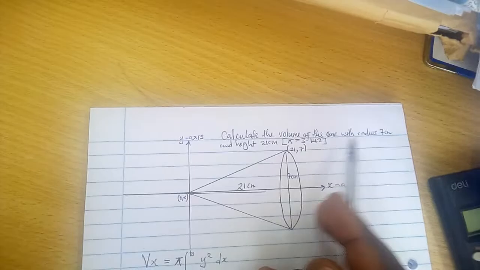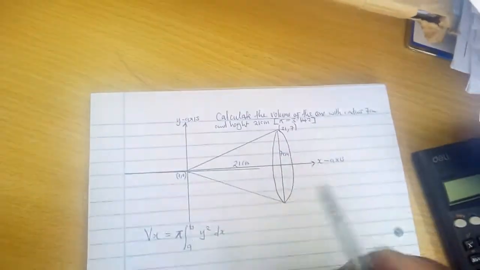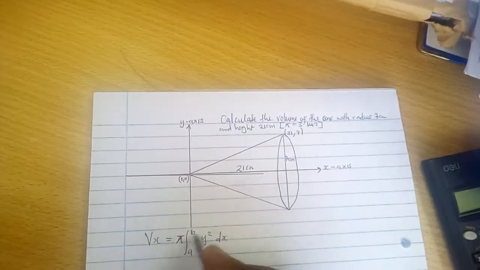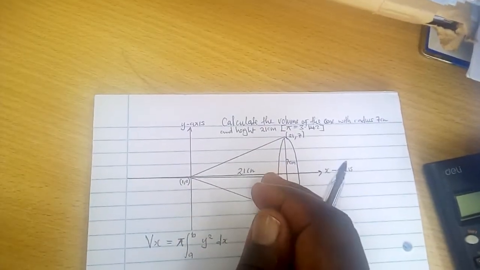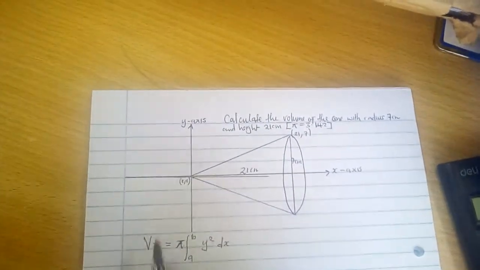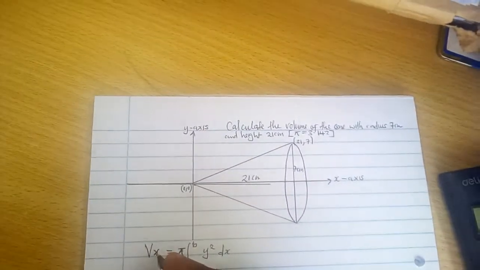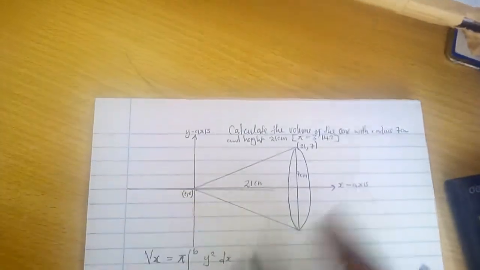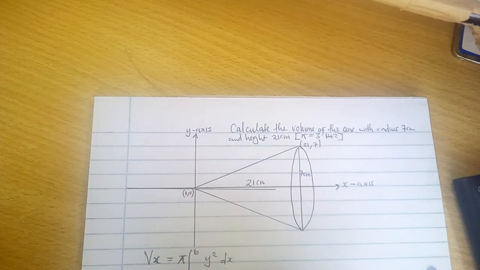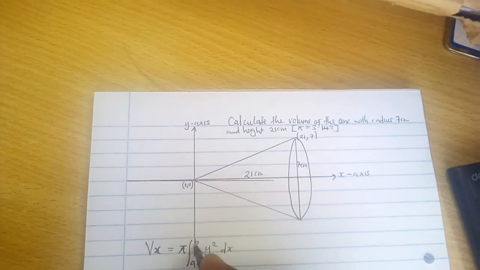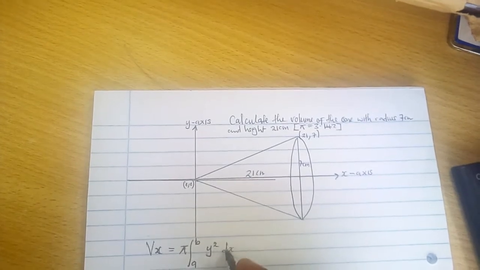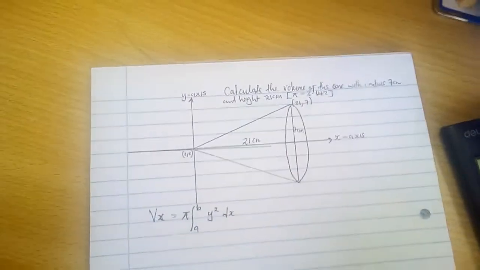To determine the volume of a cone using integration, the volume of a cylindrical object when rotating about the x-axis is given by V_x equals the integral from a to b of pi y squared dx.